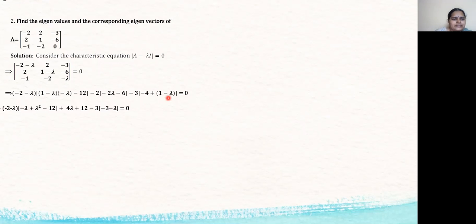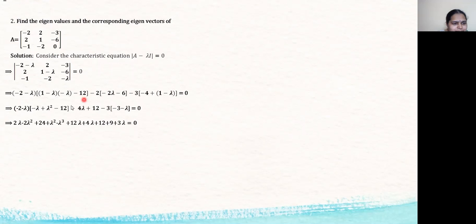Now in the next step, minus 2 minus lambda into 1 into minus lambda, minus lambda into minus lambda plus lambda square minus 12. Then minus 2 into minus 2 plus 4 lambda, then plus 12. Then minus 3 we write as it is, then minus 4 plus 1 is minus 3, and then minus lambda equal to 0.